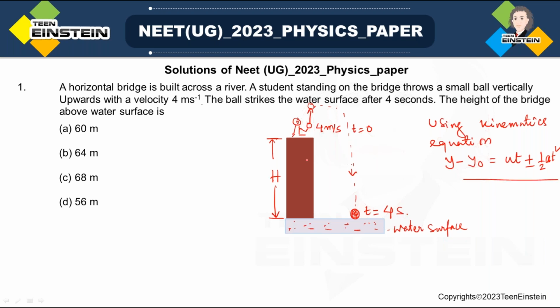So you might be thinking why I'm writing this y0. See, I'm taking this point as the starting point, and when I start the motion, if some displacement was already there, that displacement I will write as the initial displacement y0. In this case, maybe I can write it as h0.